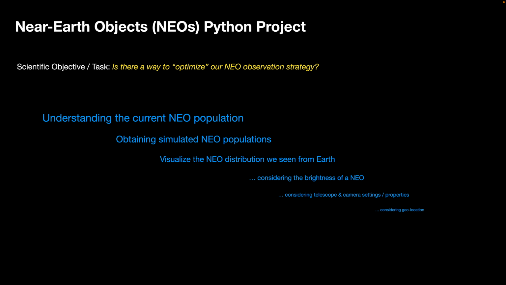So you have a horizon, so you cannot see the entire sky all night. And also considering the known distribution. So if we have the detection distribution of our artificial NEOs, we have to, of course, consider the known NEO distribution. For example, as I had said, it's very likely that we found all 1 kilometer sized NEOs, so we have to subtract them, and so on and so on.